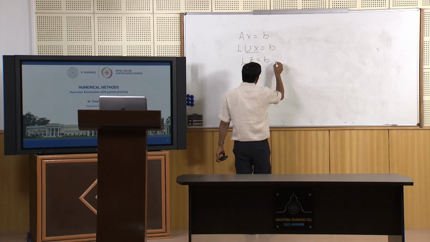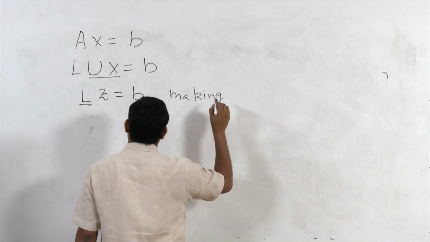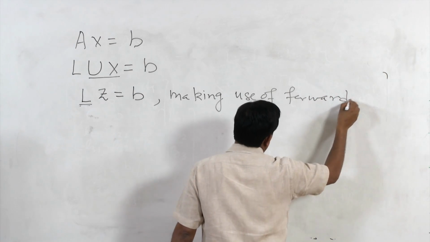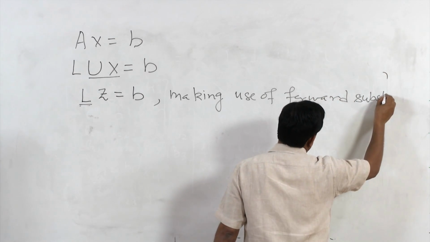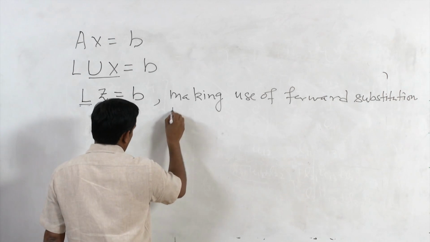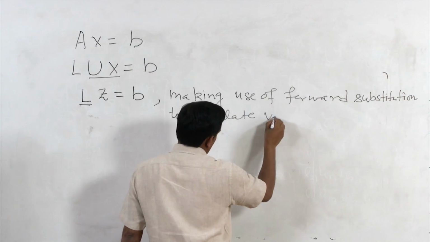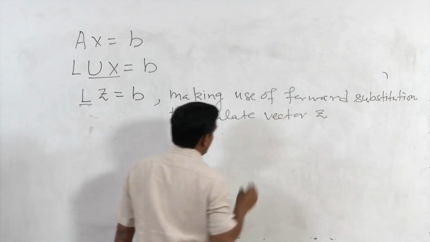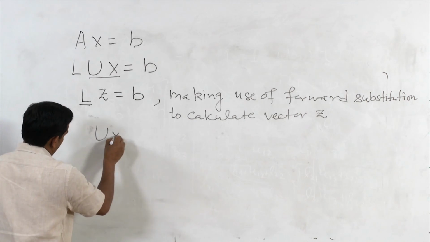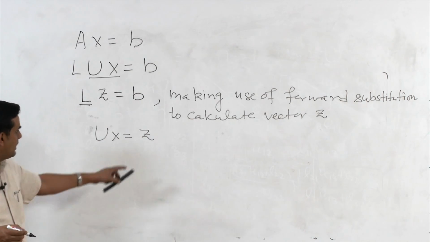So, here what I am doing? I am making use of forward substitution to calculate vector Z. Once I know the vector Z, I know that Ux equals to Z. U is an upper triangular matrix, Z is known to me.